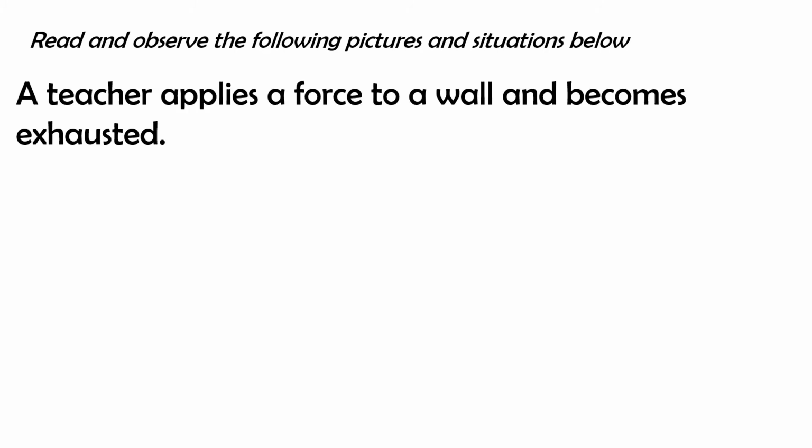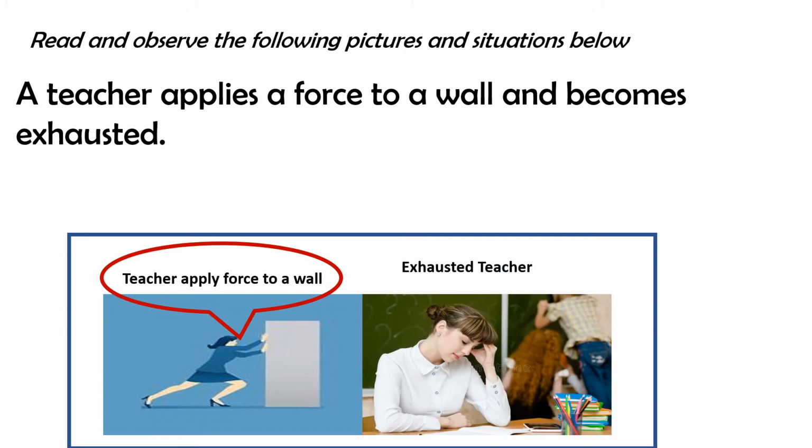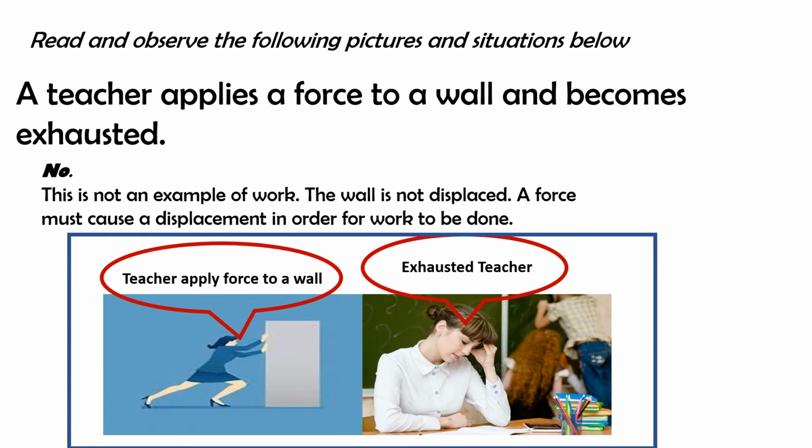Okay, class. Let's have another example. So read and observe the following pictures and the situation below. A teacher applies a force to a wall and becomes exhausted. Okay. So in this example, the teacher did not do any work at all.